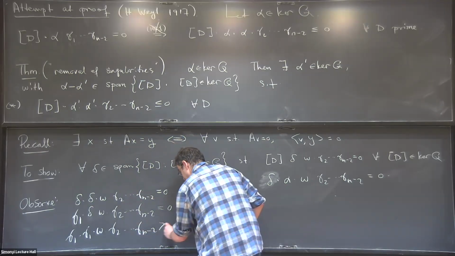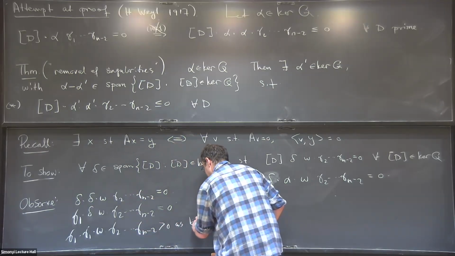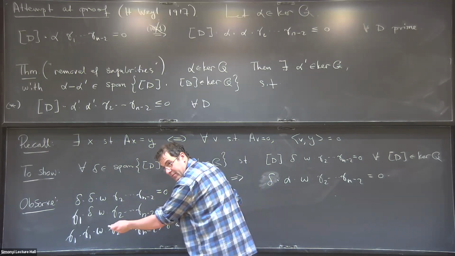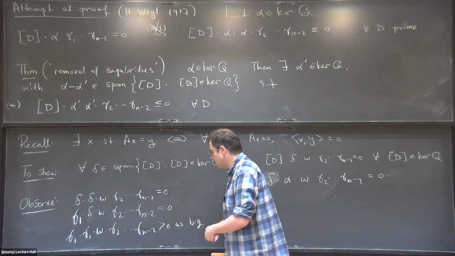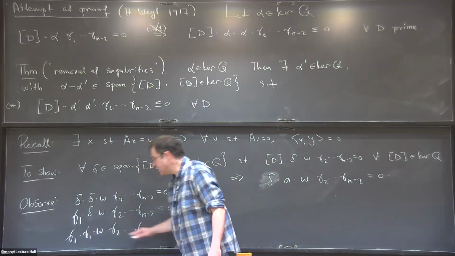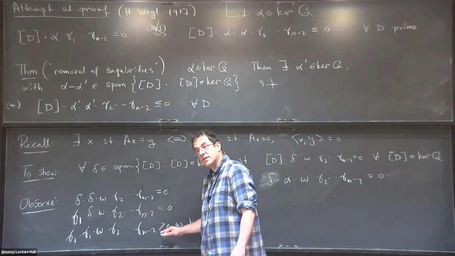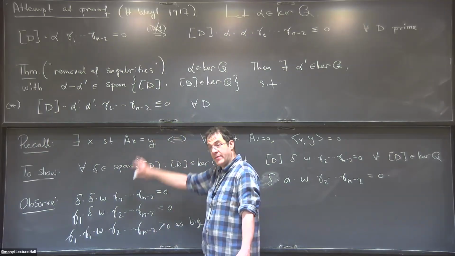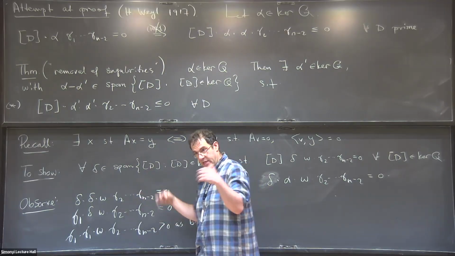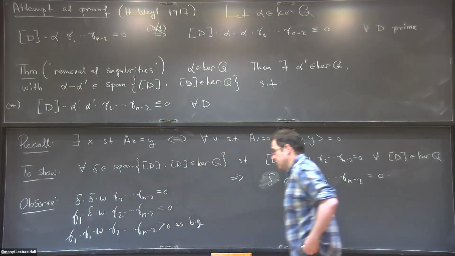This is positive as we assume that all these guys are big. That's why I'm using big. However, we don't need big. We just need all of these kind of guys to be positive. That's a much weaker condition. You can translate this back into a dimension condition that I had before. So far, so good?